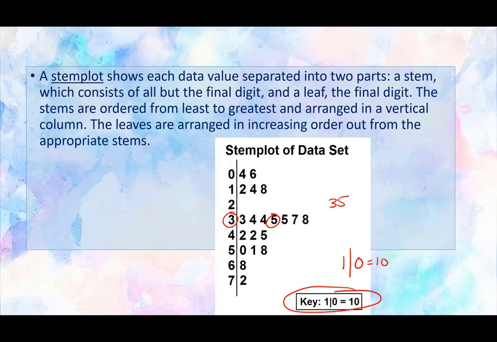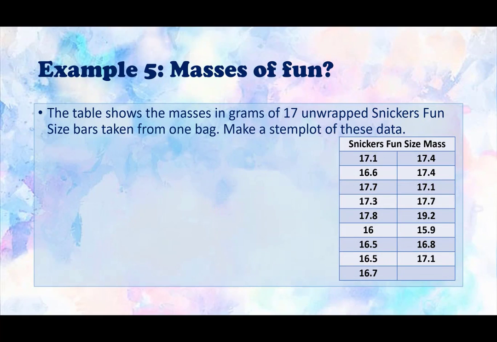If we were to list out these numbers, you would get 4, 6, 12, 14, 18, 33, 34, 34, 35, 35, and so on and so forth. I think you have all seen stem plots, or stem and leaf plots, whatever they're calling them. It's going to look like this.